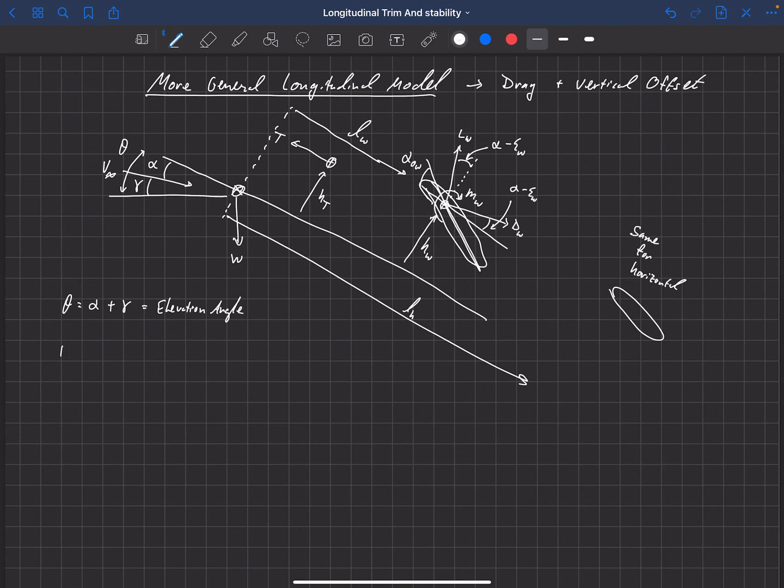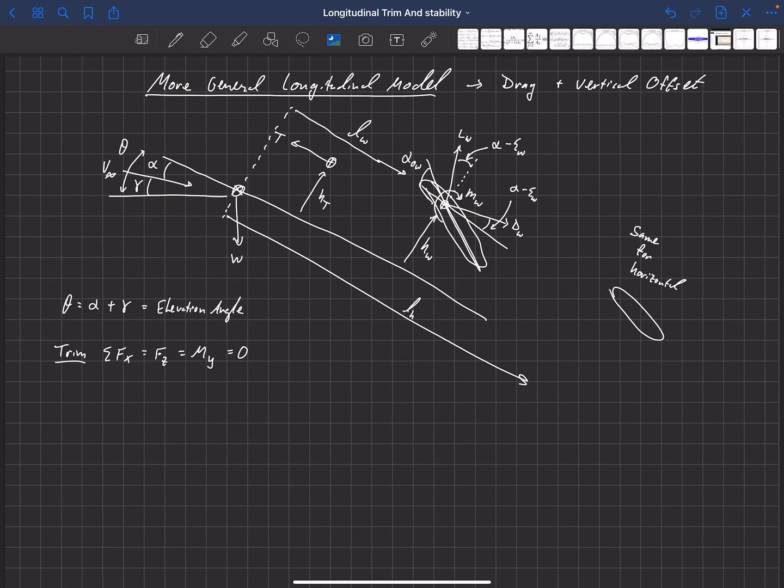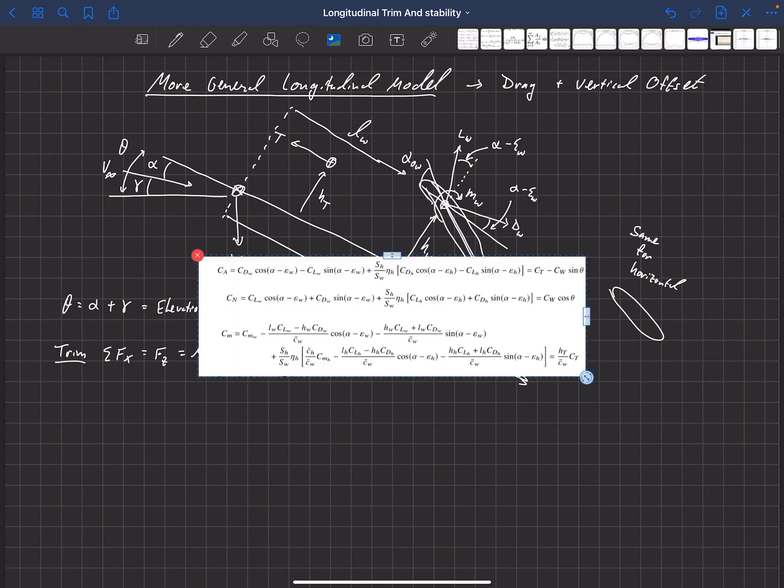And for trim, now we need the sum of the forces in the x direction, the sum of the forces in the z direction, and the pitching moment about the y-axis, all to sum to 0. And rather than walk through that, it's a little bit tedious. I've typed out some equations here.